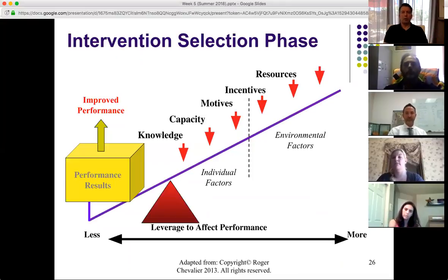We know that 85% of the solutions should be in that environmental factors area. So this kind of tells you the same thing in a different way. Maybe that 85% of the weight in this case is going to be on environmental factors to get a solution to lift up that performance.